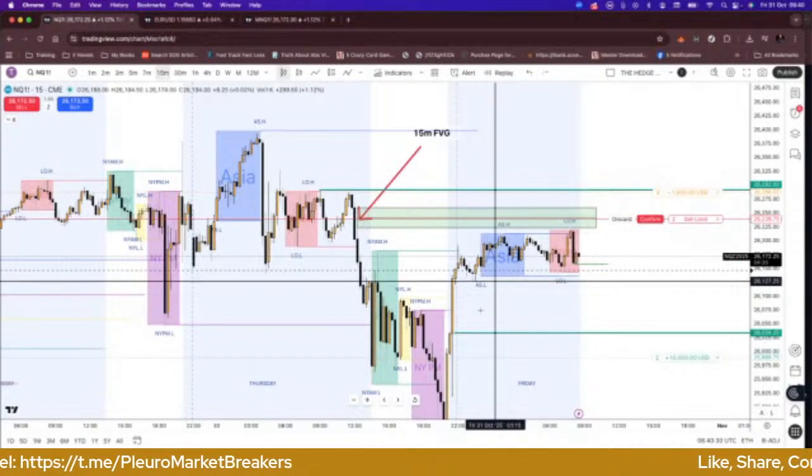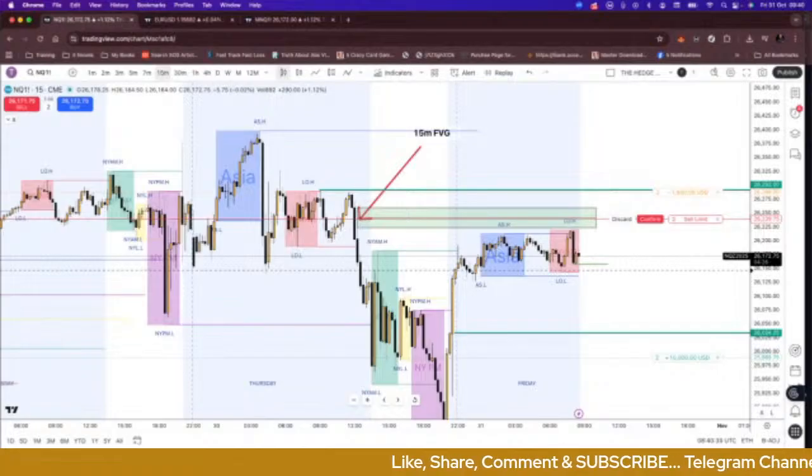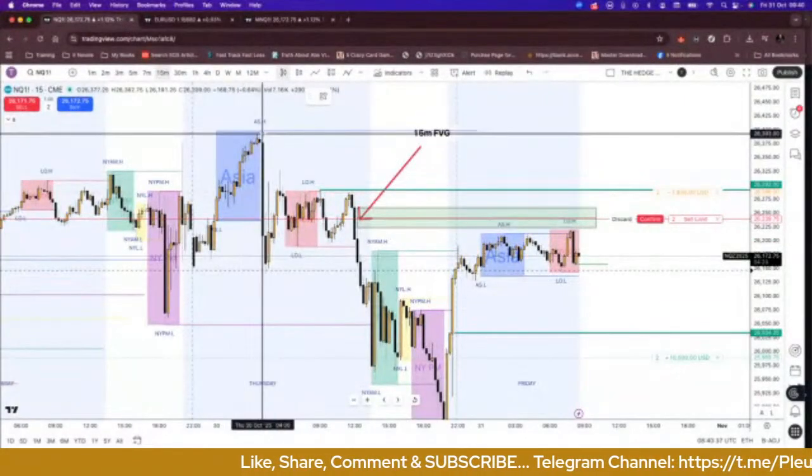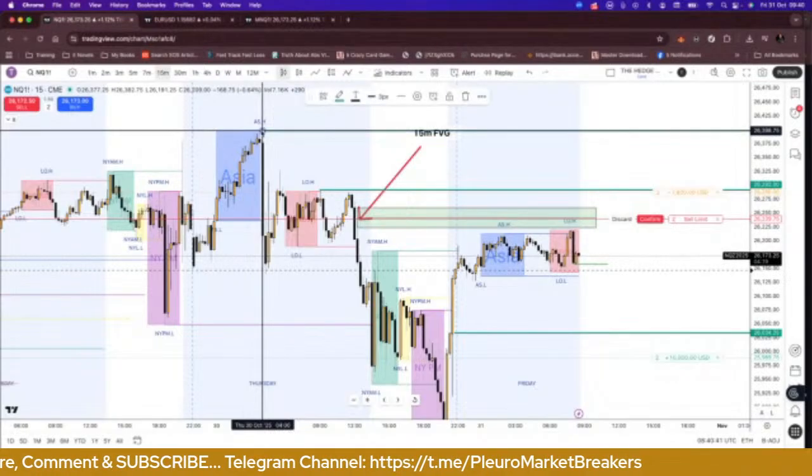So I think that even if, and of course, the other potential bullish target would be here, which is the high of yesterday.